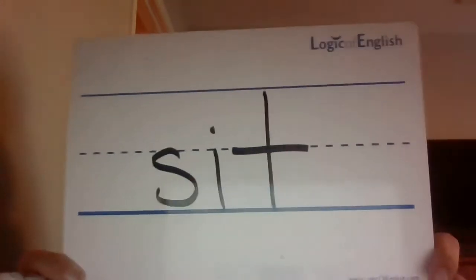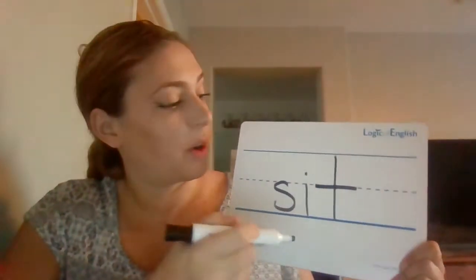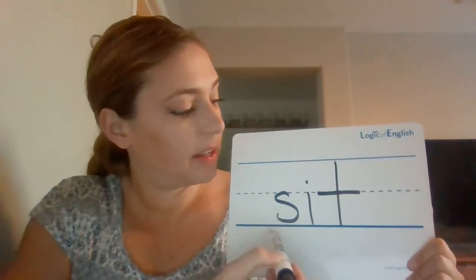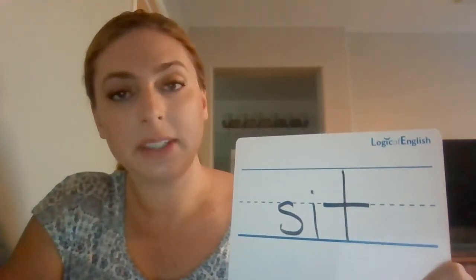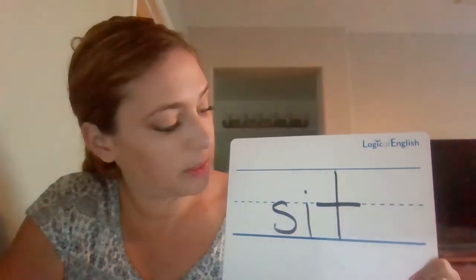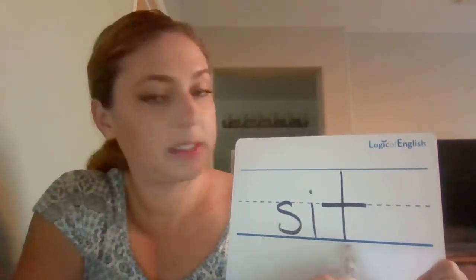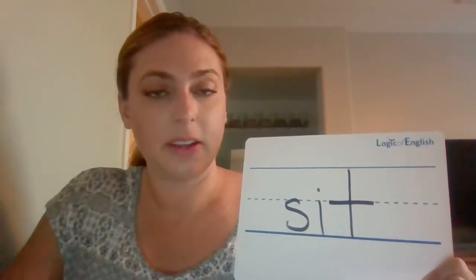All right. Before we write it, we say the word and then segment it. So we're going to say sit. Help me segment this word. What are the sounds we see? S, I, T. Sit. Good. Now, I'm going to write the word.